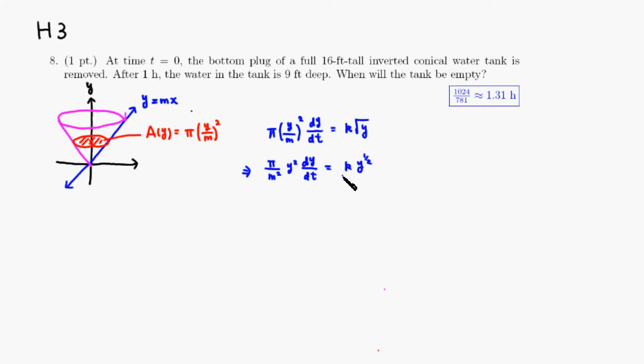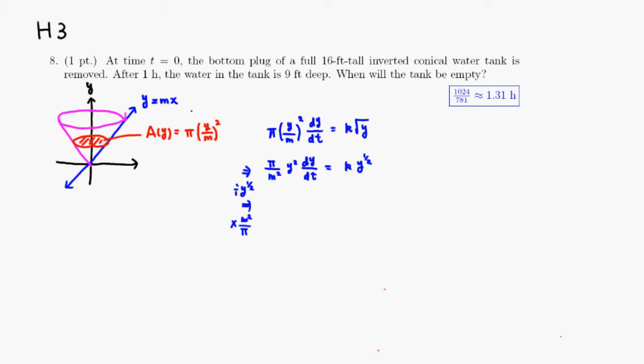I want to put all the y's on the left and all the numbers on the right. So divide through by y to the 1/2, then multiply by m squared over pi, so that I can cancel pi over m squared.